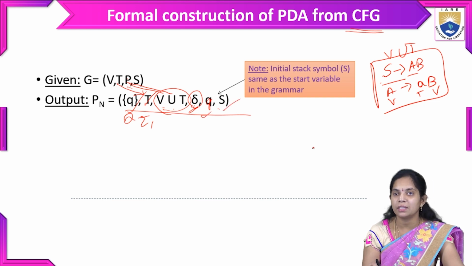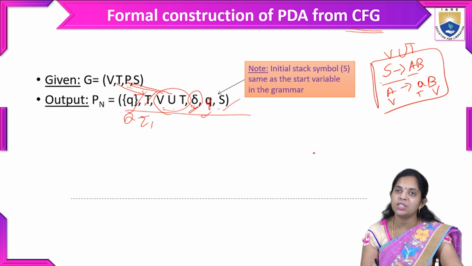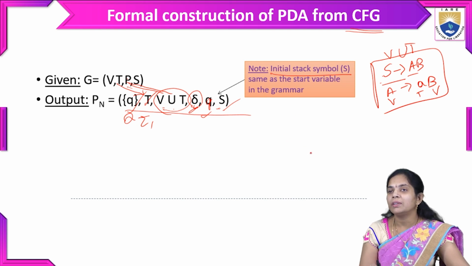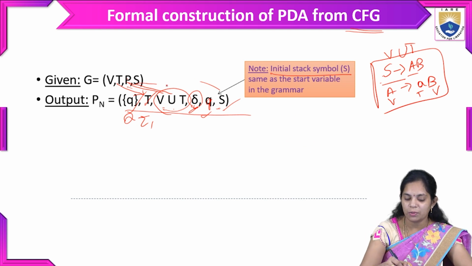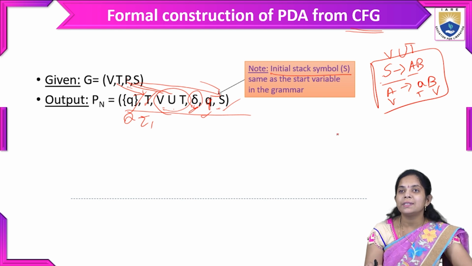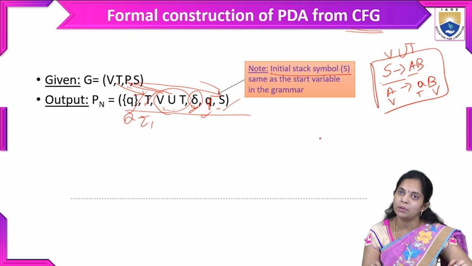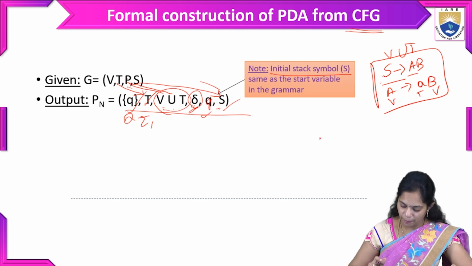And S is the start symbol, the initial stack symbol, that is the top of the stack symbol. Whatever is on the top of the stack symbol is equal to S. So this is how we have to do it. Given is a 4-tuple notation, and the output should be in the 6-tuple notation.